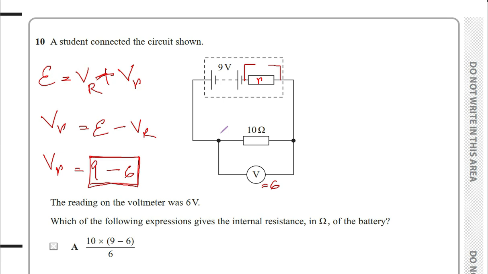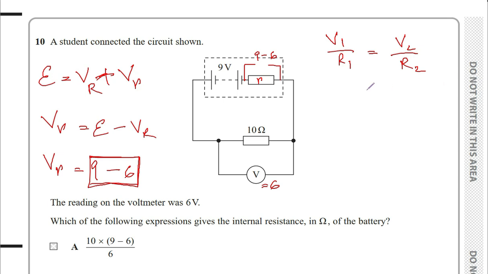So now you need to apply the concept of potential difference again. So the PD across this is 9 minus 6, right? And for concepts like this, you have to recall this equation of potential divider. V1 by R1 equals V2 by R2.